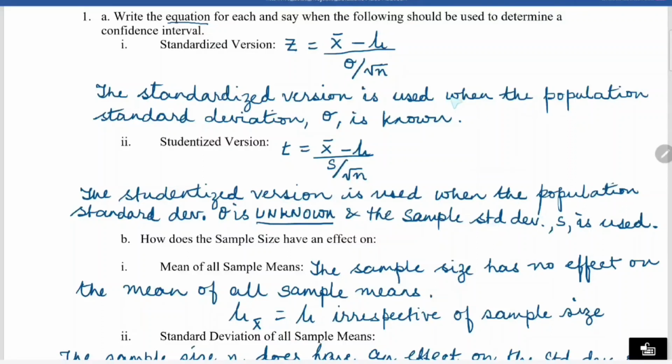We have to use what's called the T statistic, which has a slightly different formula from the Z. The only difference is instead of sigma, we have to use S in our calculation, and the T distribution is a separate distribution based on the sample size we are using. And that brings into play what's called the degrees of freedom, the DF. So whenever you are using the T value, you have to also refer to the DF, the degrees of freedom.